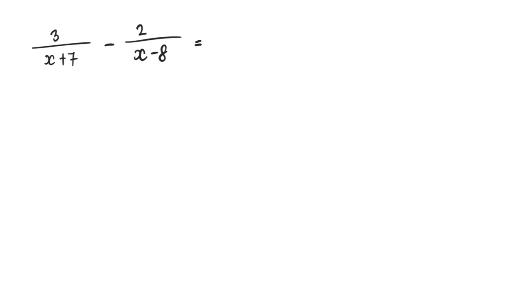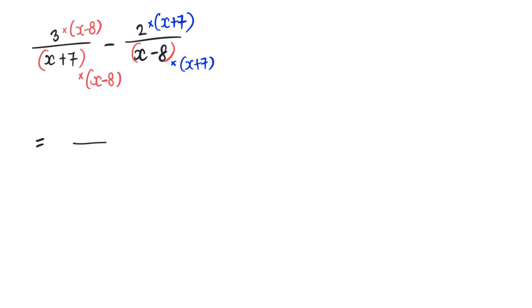And looking at the denominator, I know that in order to make this common denominator, I would then have to multiply by x minus 8 for this fraction, x plus 7 for this fraction, such that it will be equals to, the common denominator is x plus 7, x minus 8.